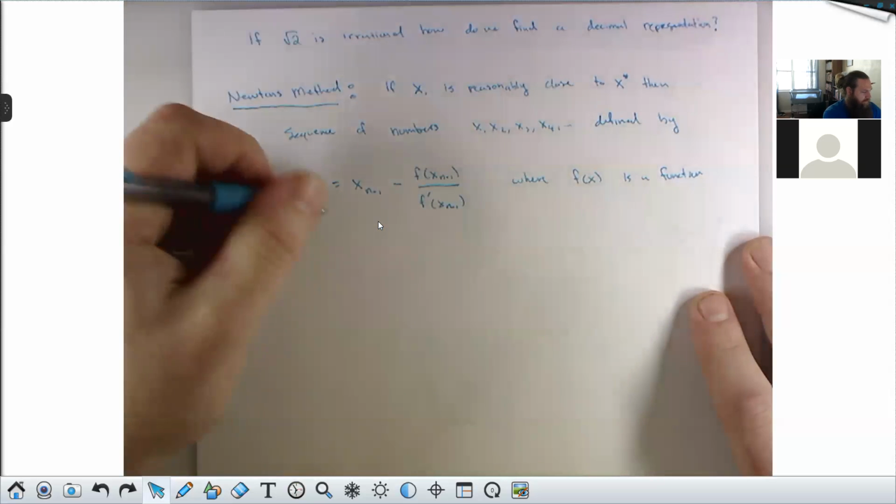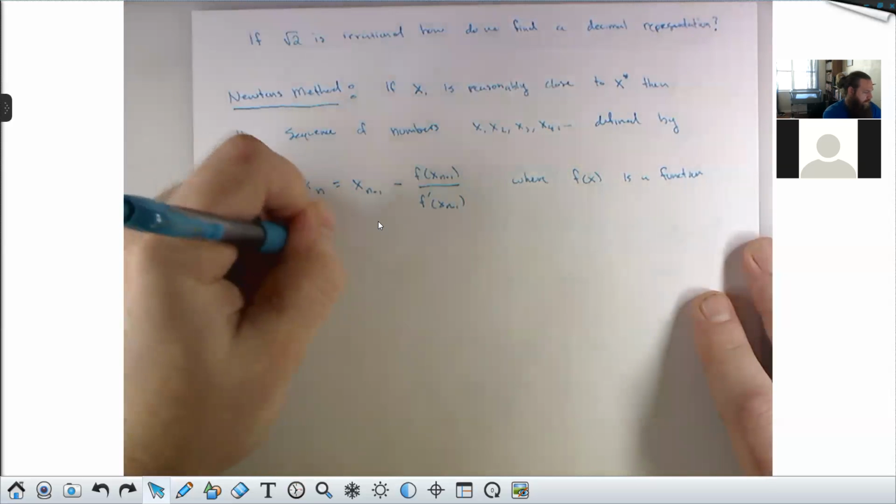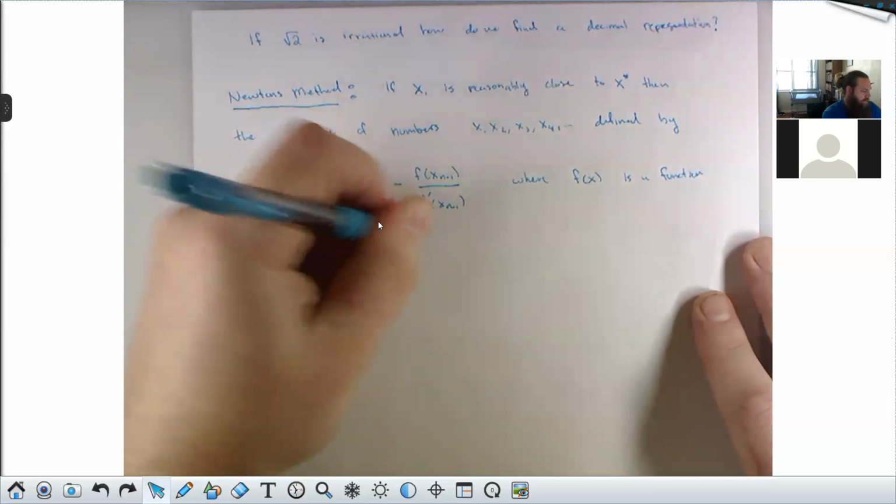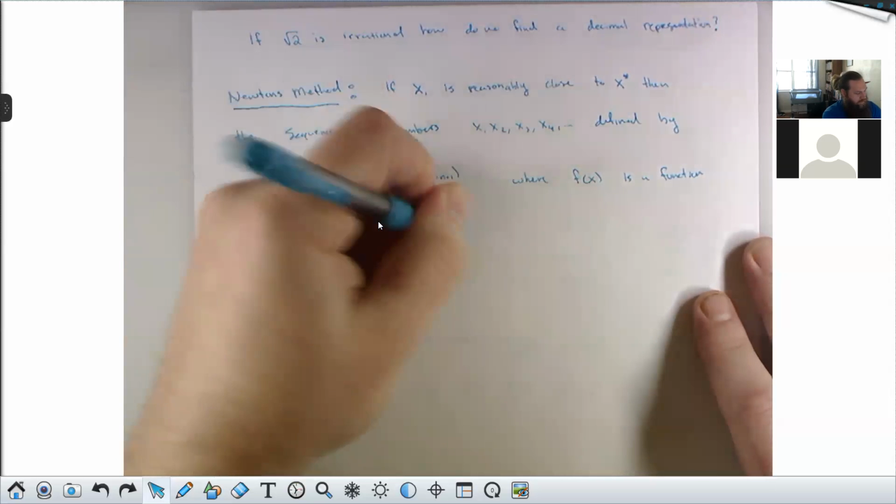F of x is originally a function with x-intercept at x equals x star.